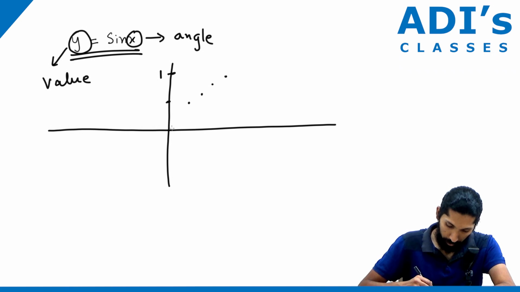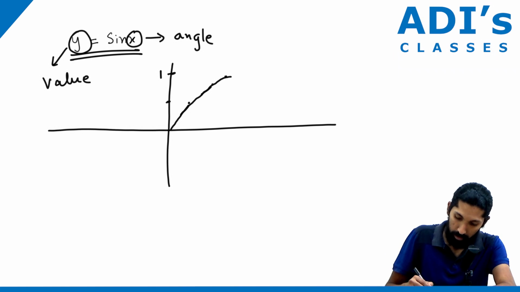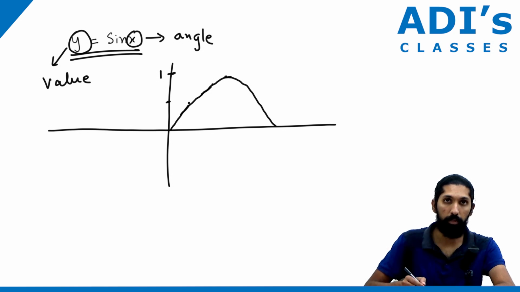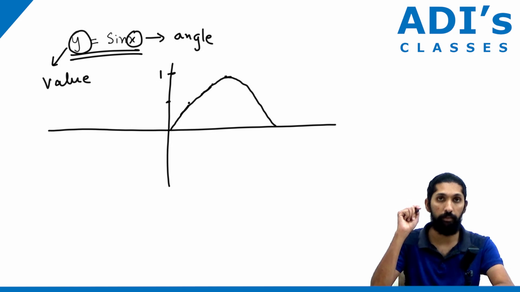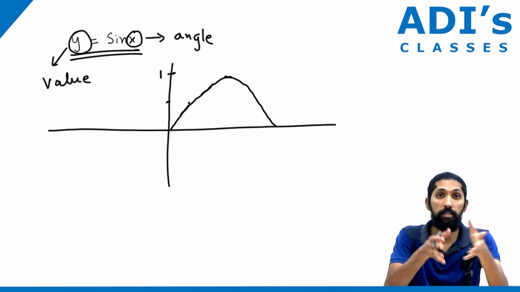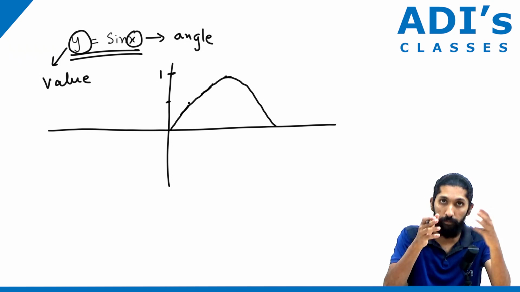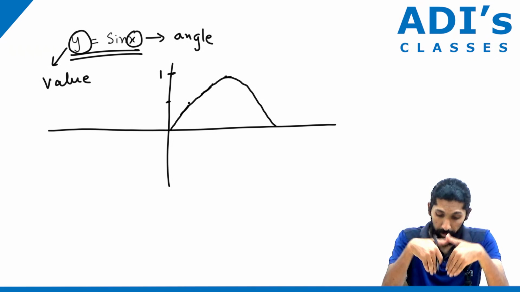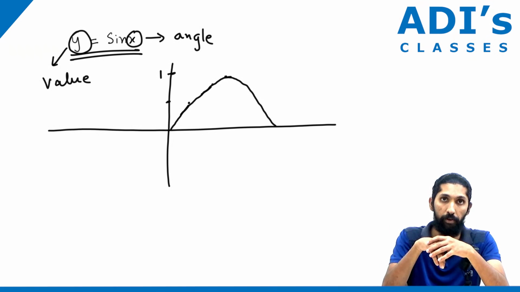What you're going to get is a graph something like this. Then it comes down, but still it's in the positive part. The reason is, remember, in the second quadrant, sine is positive. So in the first and second quadrants sine is positive, and that is depicted by this particular part of the graph.